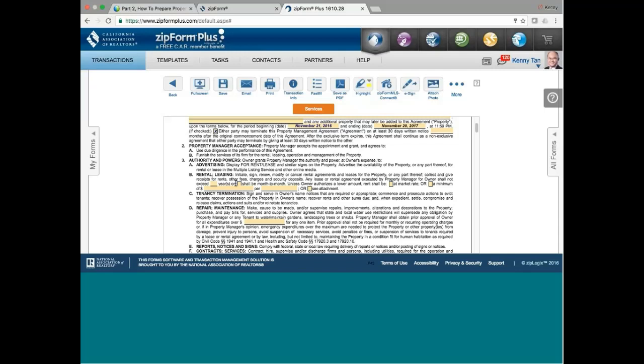You do not need the landlord to be the plaintiff. So an eviction can be conducted in the name of the property manager, even if the property manager does not have title to the property. That is the significant thing.